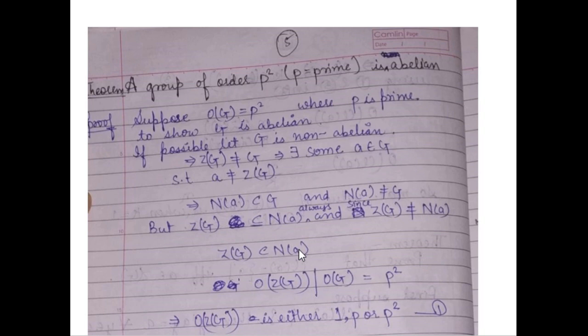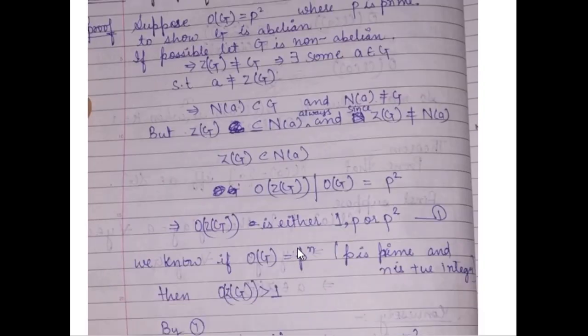So the order of ZG is either 1, p or p square. This is very clear by using Lagrange's theorem. Since p is a prime number, the divisors of p square are only 1, p or p square.